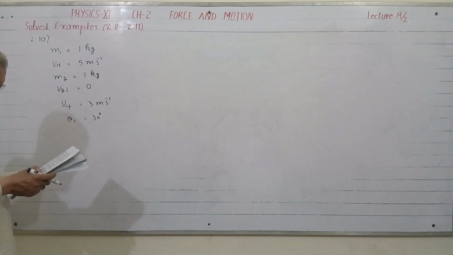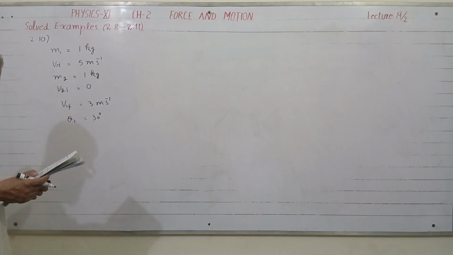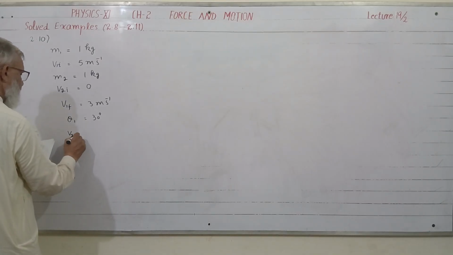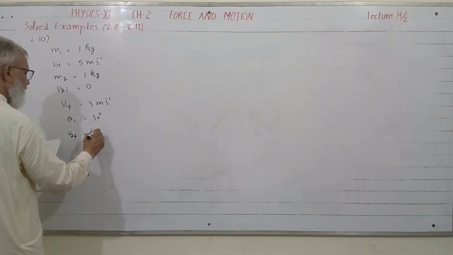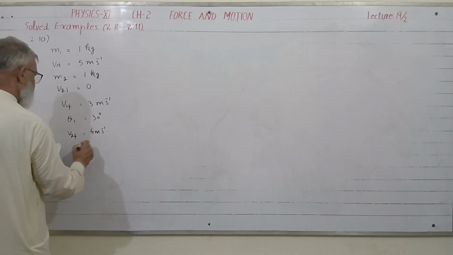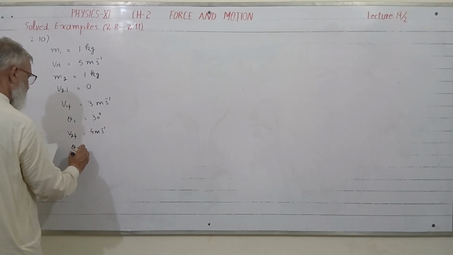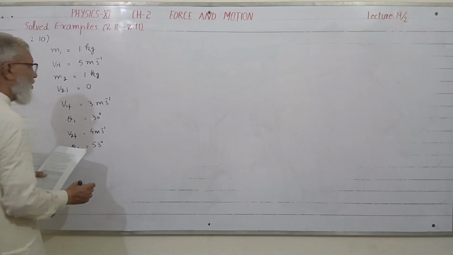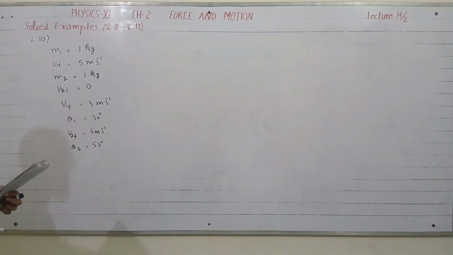The particle B moves with the horizontal at an angle of 53 degree with the speed of 4 meter per second, V2f, 4 meter per second and theta 2 is 53 degree.